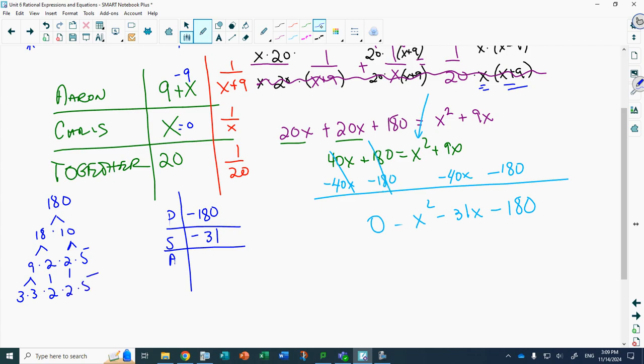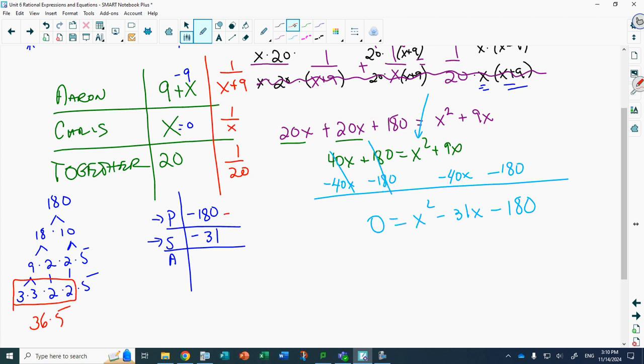Now, let's look at all the possible combinations that make up 180 that add up to minus 31. You know what? I already see it. I see it right in front of me. This is going to astonish you. 3 times 3 is 9. 2 times 2 is 4. 9 times 4 is 36. There's 36 times 5.